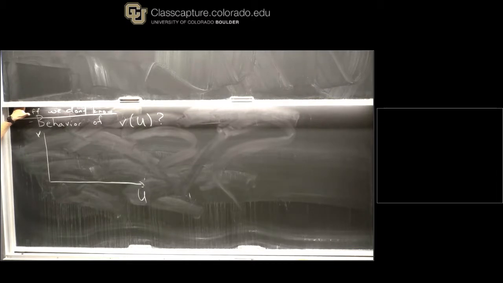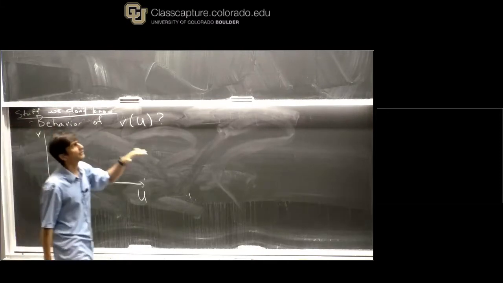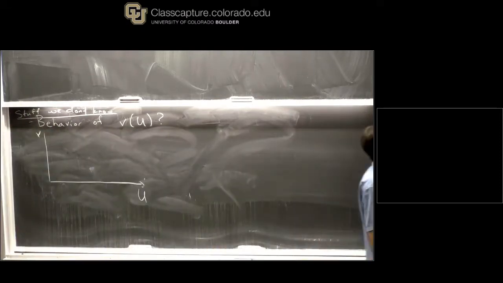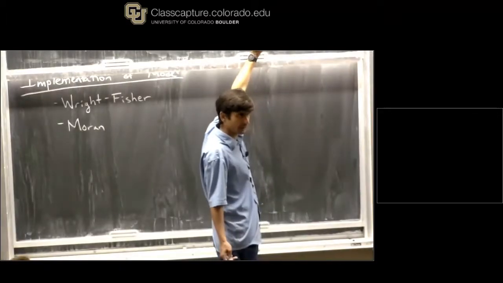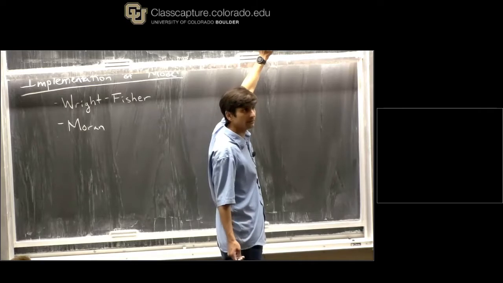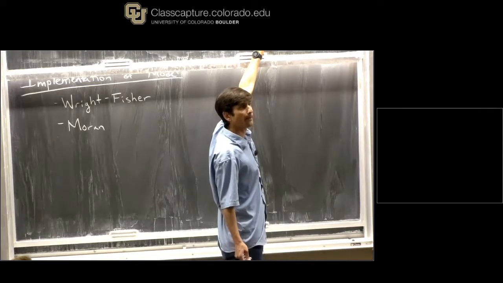Sorry, what is the model so far? This model, we can call it the Wright-Fisher or the Moran version of this model, it's not going to matter for what I'm talking about.